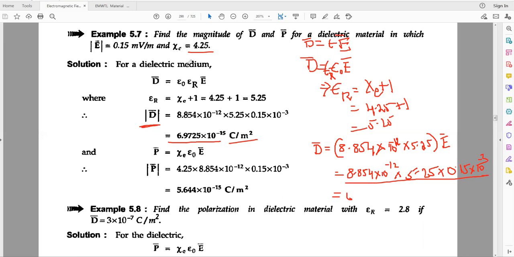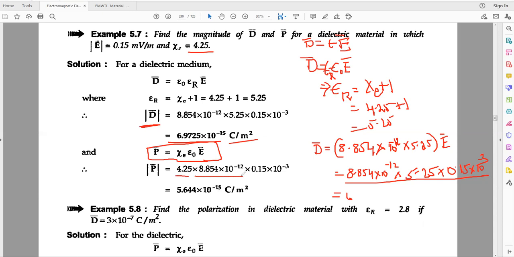And also you can find out the P bar for the dielectric material. P bar is equal to chi e into epsilon naught E bar. These are one of the formulas, my dear students. Remember this one. In the dielectric materials, the P bar is equal to chi e given as 4.25.